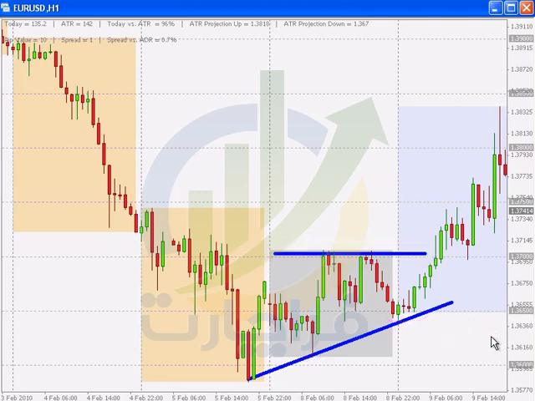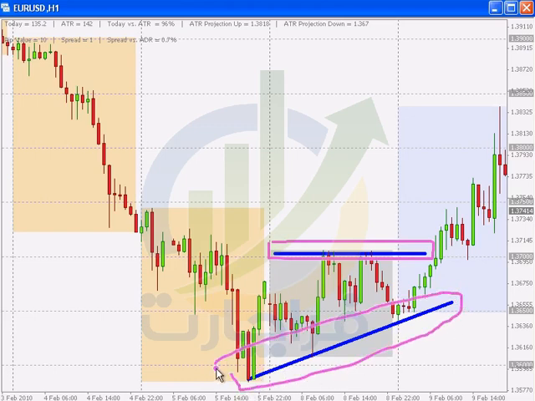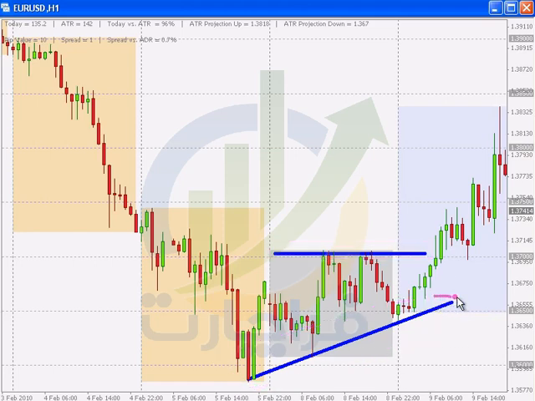Usually whenever you see a leaning triangle, or a triangle where one of the lines is horizontal but the other one is leaning or diagonal, however you want to call it, the diagonal line more often than not can give us a clue as to where the breakout is going to take place. All right, in this case, to the upside. Obviously, it doesn't always happen like that, but more often than not, I've noticed that the breakout does tend to happen in the direction of the flat line.